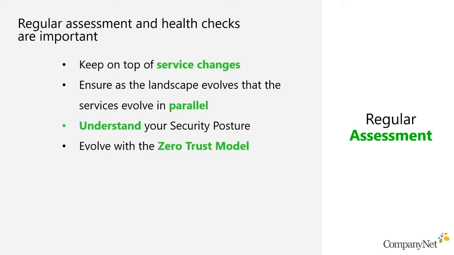Understanding your security posture from the outset, understanding what the roadmap is to where you want to be with that, or where you want to baseline it. It's important to understand that. And then most importantly, evolving with the Zero Trust model. More and more solutions are becoming more accessible to lower license categories.